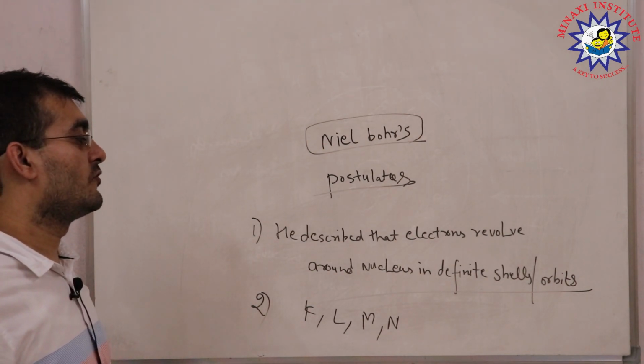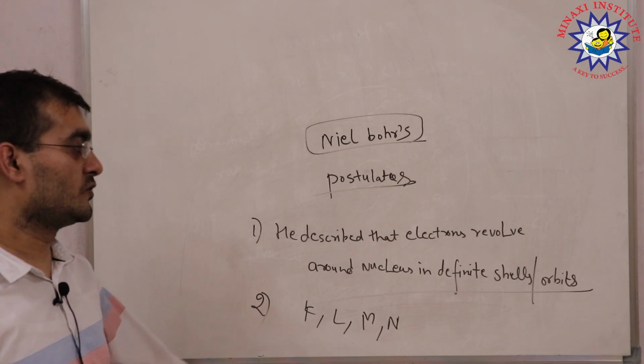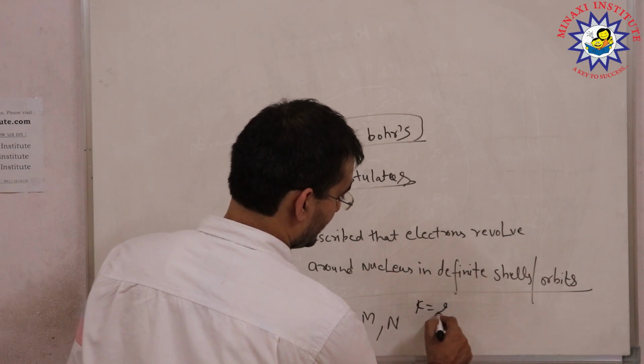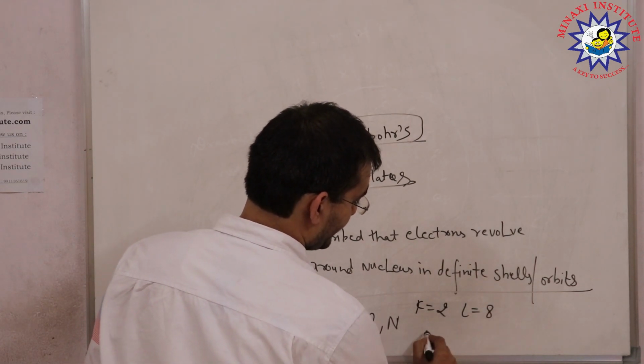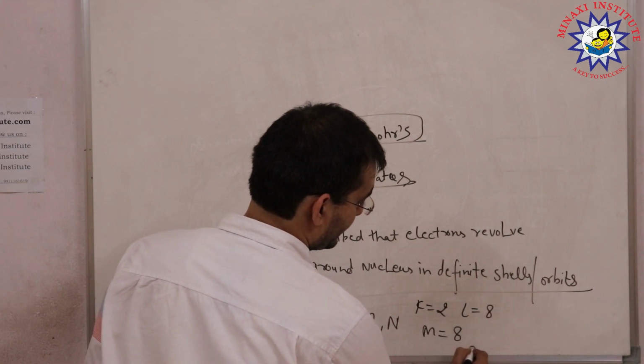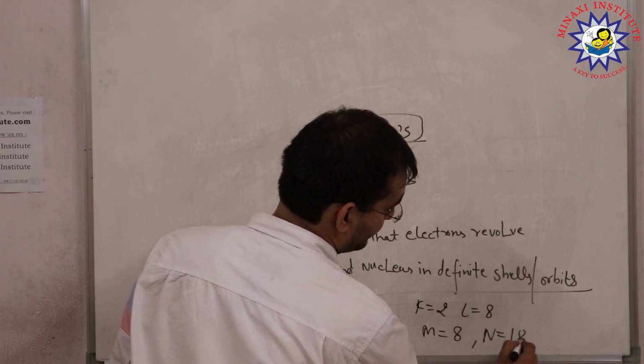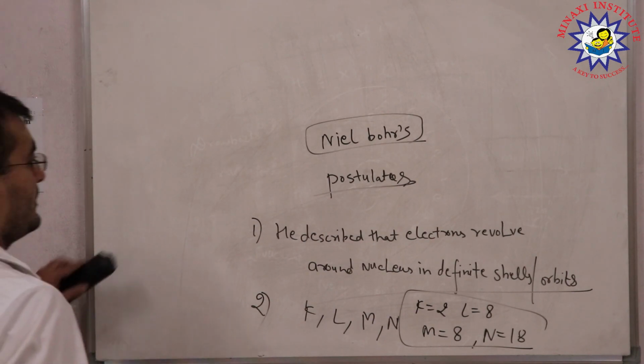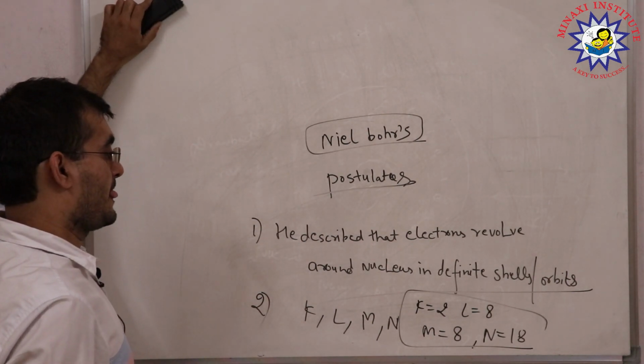The maximum number of electrons in K is 2, L is 8, M is also 8, N is 18. Note it down.